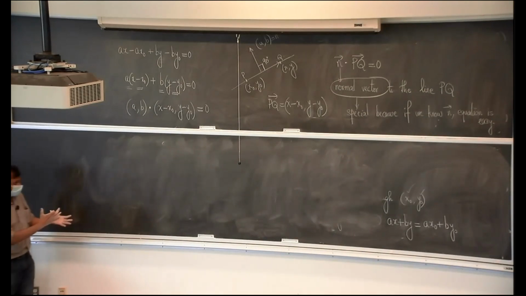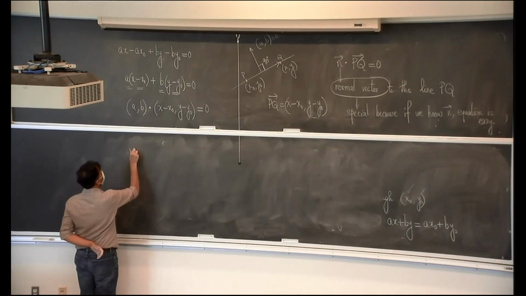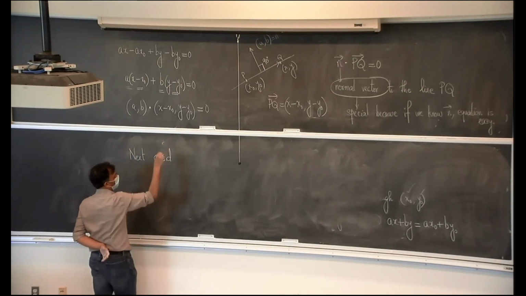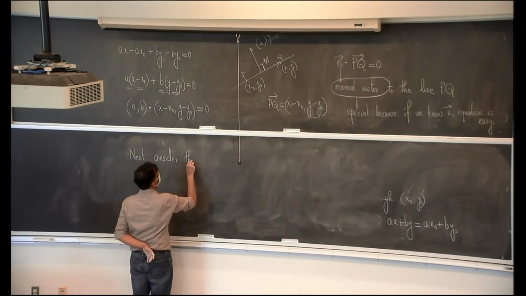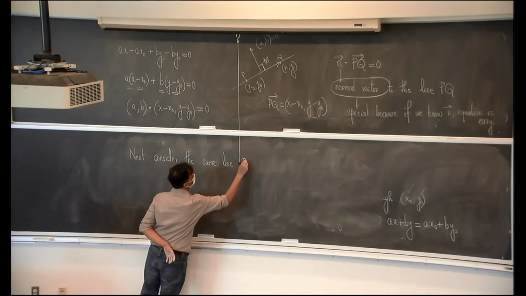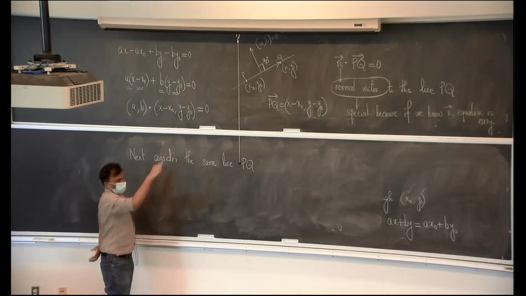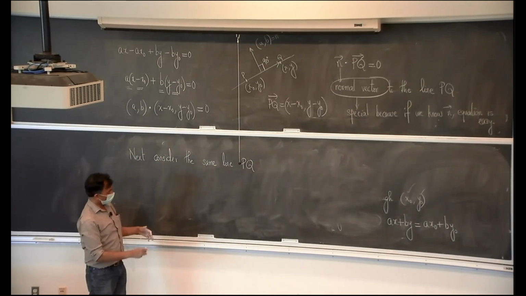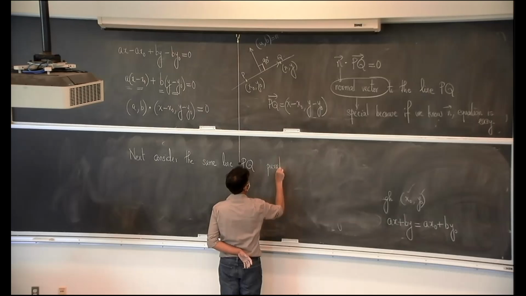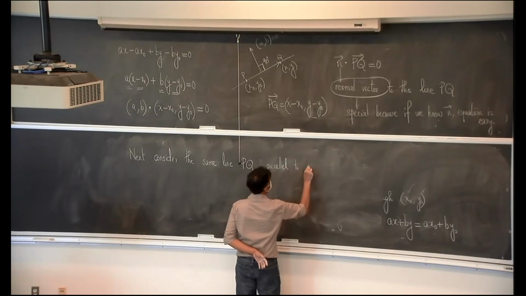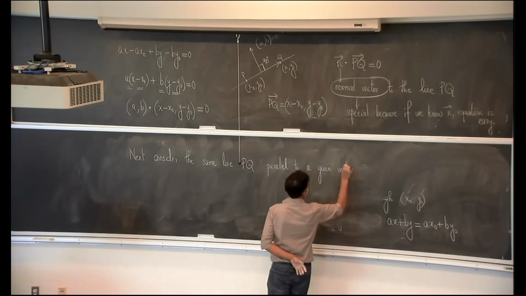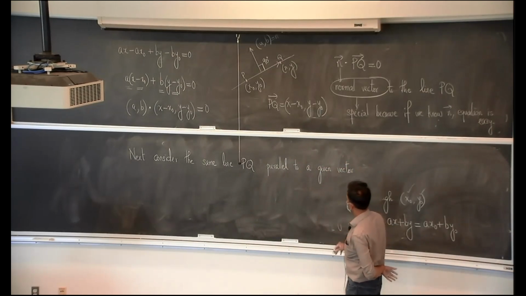Now let's do a slightly different problem. Okay, so next, consider the same line PQ, which is going from x naught, y naught to x, y. Okay. But this time it's going to be parallel to another vector, parallel to a given vector, let's call it v.